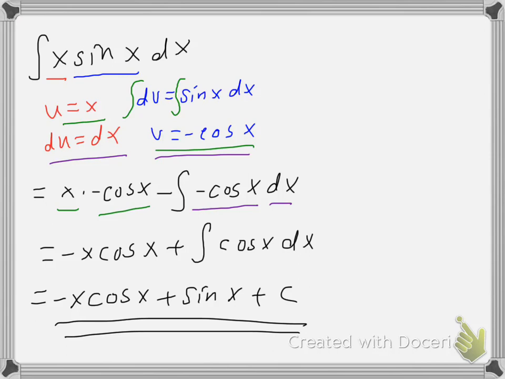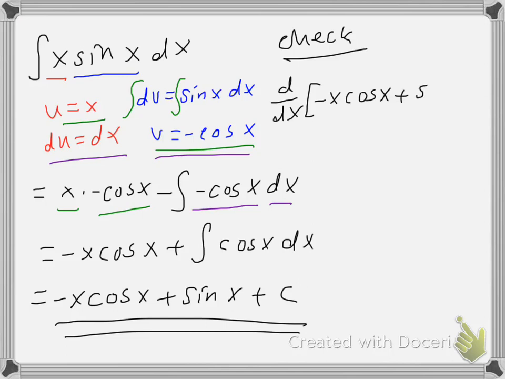Now, of course, I can check my answer. If I take the derivative of negative x cosine of x plus sine of x plus arbitrary constant of c, I have to use a product rule.